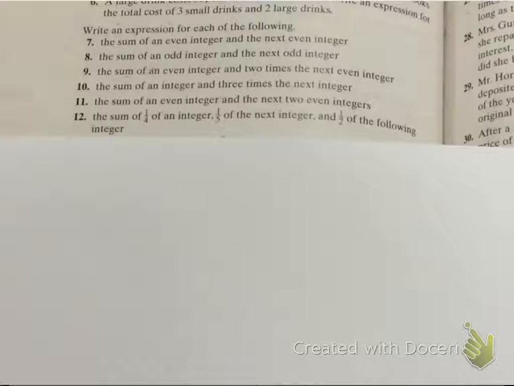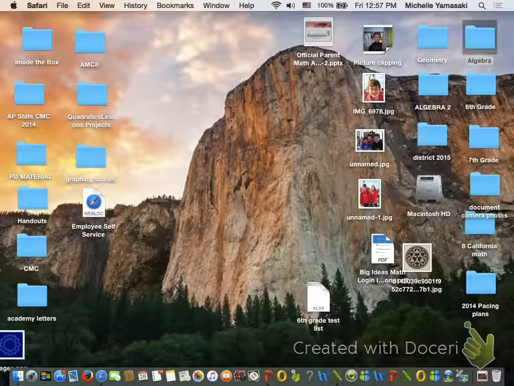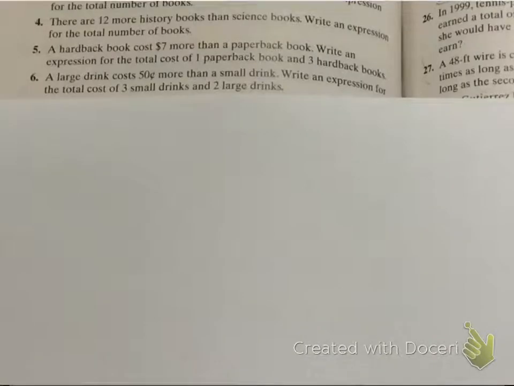Nobody needs any help? Number 13. Let's go back to number 5 and 6, just in case. I'm thinking some people are not speaking up. Okay, let's just do one of them. Number 5. Or let's do number 6.